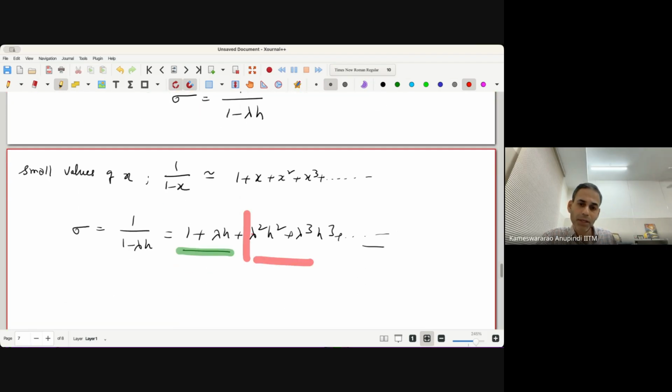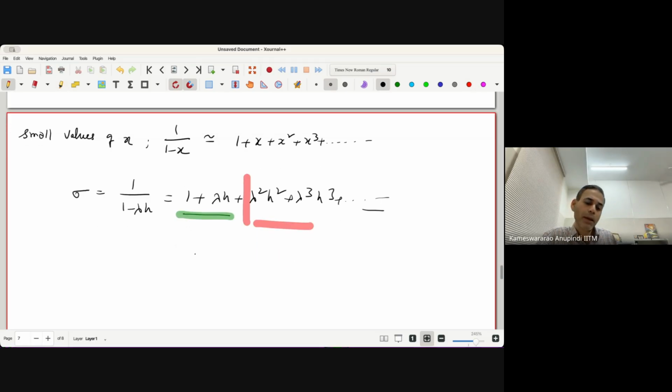It has a term, but it is still lambda square h square instead of lambda square h square by 2. As a result, it doesn't match. So what we can say is that the implicit Euler method is also first order accurate globally, right? This we have already seen.